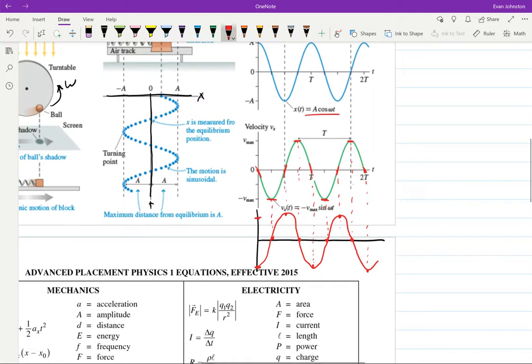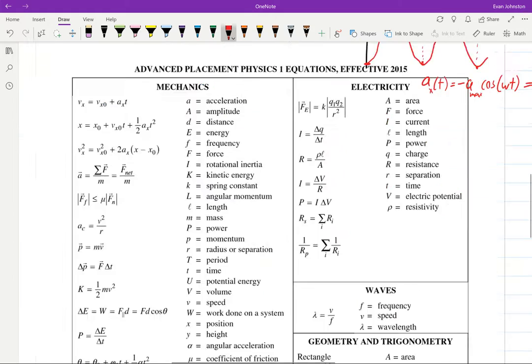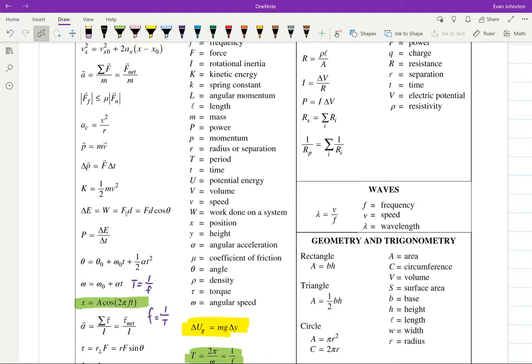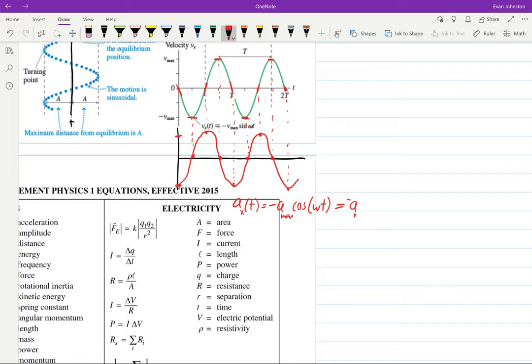So the way that we would write the equation, my calc folks maybe can think on this a little bit, our acceleration as a function of time, since it's starting as a negative, is negative a max cosine of omega t, which, using our equations as we were using them here, would be cosine of 2 pi f t. So negative a max cosine of 2 pi f t.